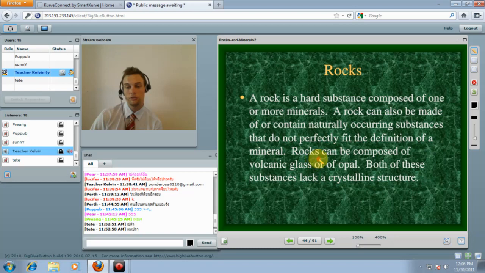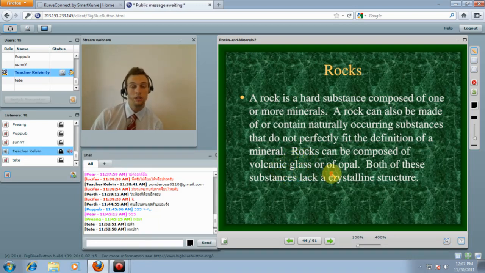But this is usually by man that this glass is made. Volcanic glass is actually made when a volcano erupts and the lava that spews out the top of the volcano heats up some sort of sand or some sort of silicate and forms glass naturally. So it's not just something that we see in the windows of our cars. There's actually glass in the real world, and it occurs naturally.